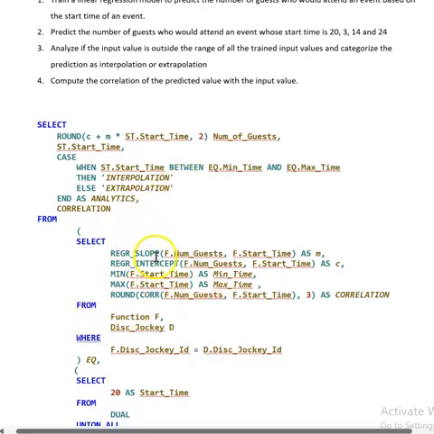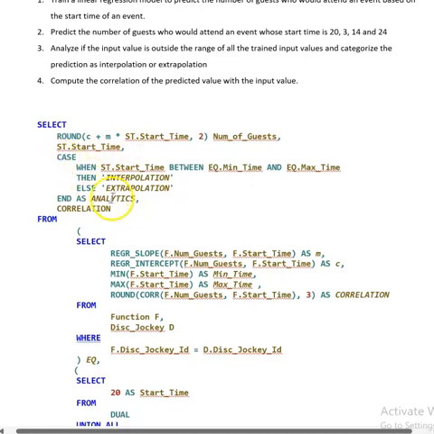Once we compute the slope, intercept, minimum, maximum value, and the correlated values, we'll display the output, which is the number of guests, using the equation y equal to m times start time plus intercept, and we'll round the figure to 2 decimal points, and we'll also display the start time.